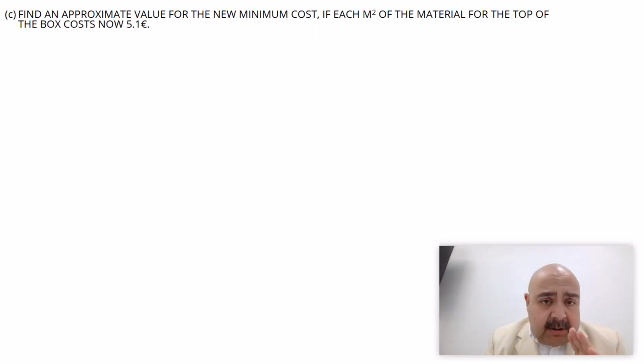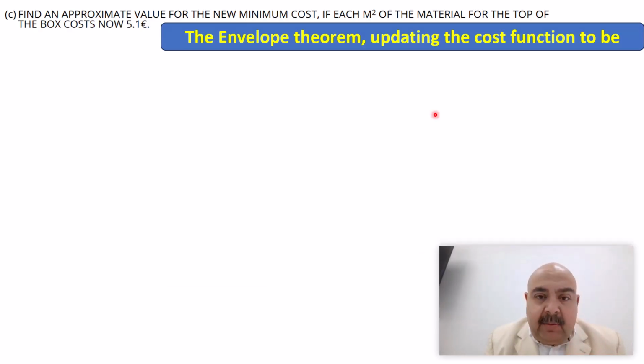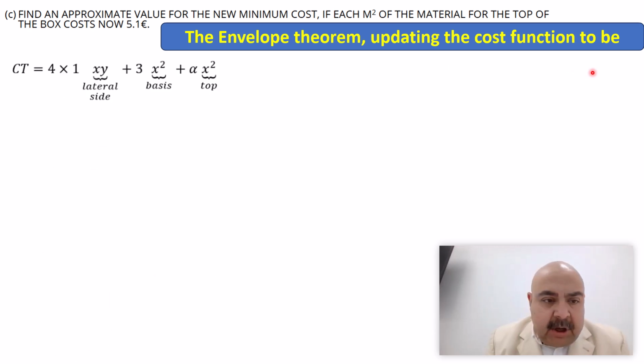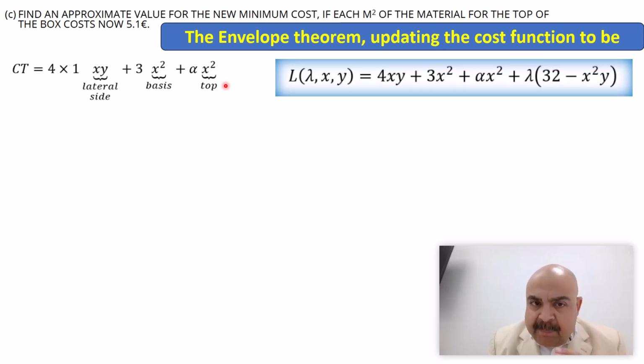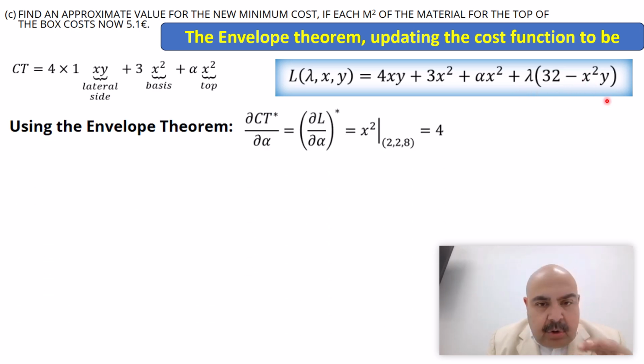To answer the last part, we will remark that using the envelope theorem, we update the cost function to be 4 times xy plus 3x squared plus alpha x squared, because that change will happen only in the cost of the top of the box. So all I have to do now is to write the objective function plus lambda times the constraint, and then I will start using the envelope theorem, which means we will differentiate the Lagrangian function with respect to alpha, which will develop x squared.